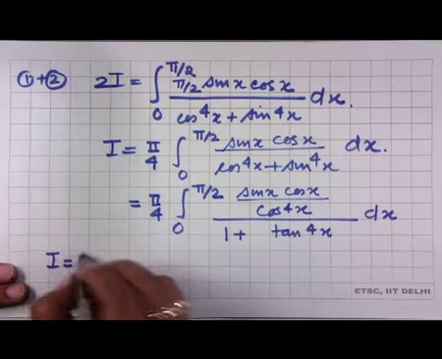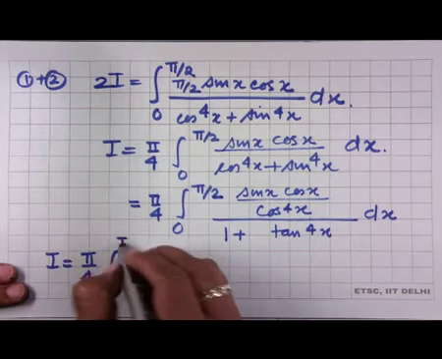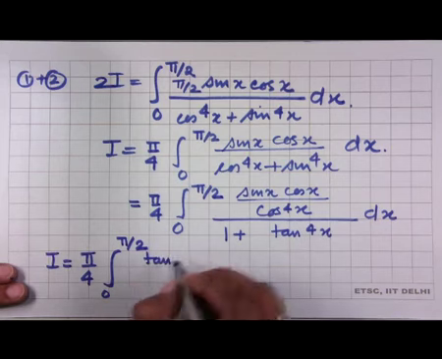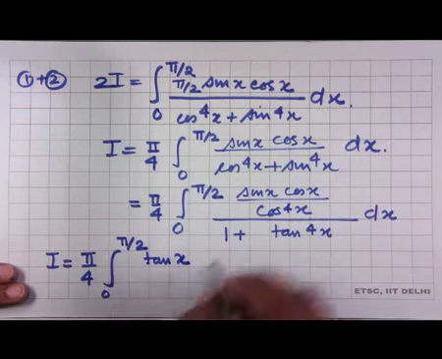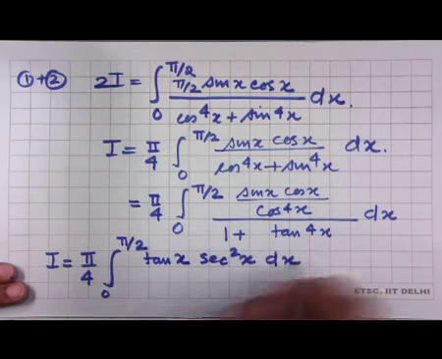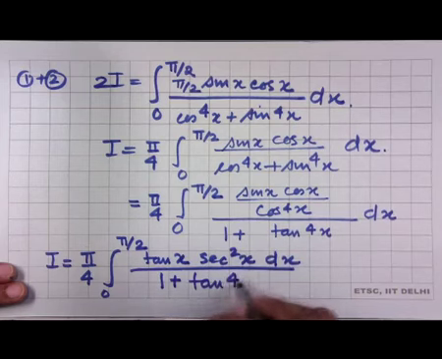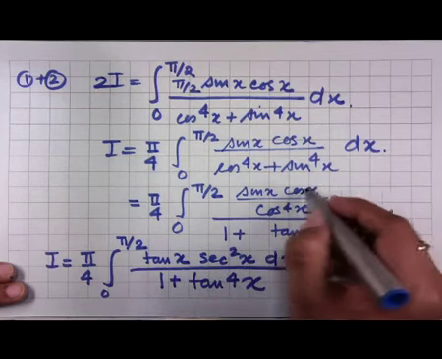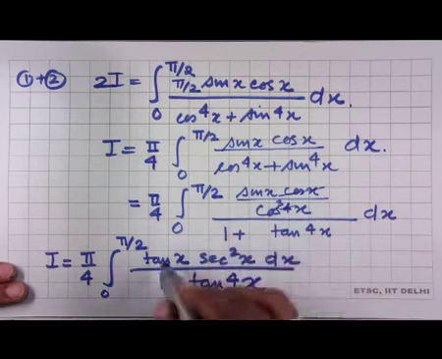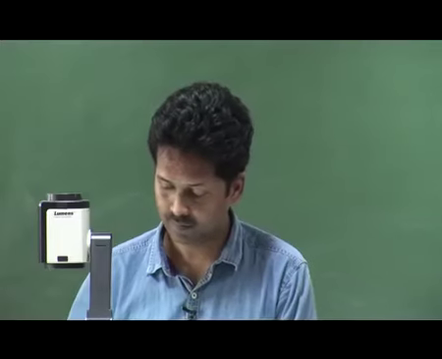So I is equal to pi by 4, integral 0 to pi by 2 of tan x sec square x dx upon 1 plus tan power 4x. One cos x will get cancelled from here. So you get cos cubed, and then 1 is adjusted with sin x, so you get tan x, and the 1 by cos square x is giving you sec square x.